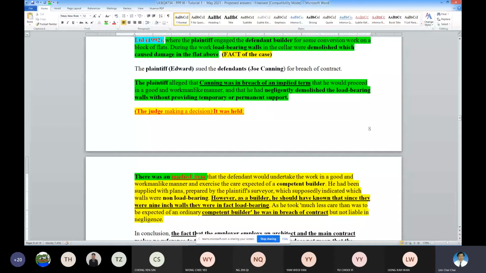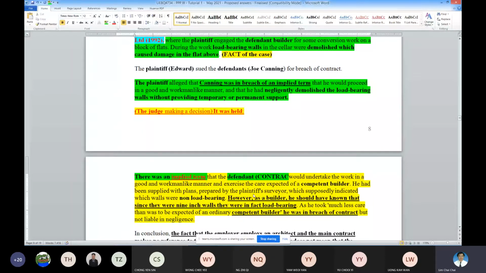Defendant here means the contractor. When the contractor carries out the work, the contractor impliedly must do the work with good workmanship and take care as a competent builder.